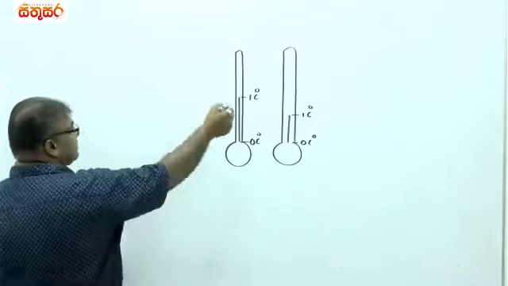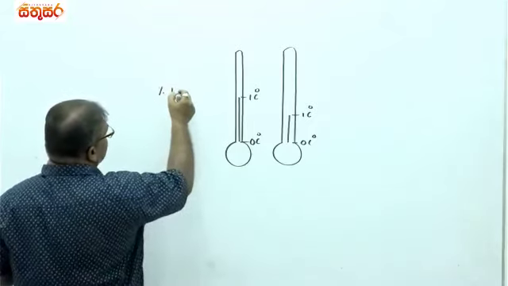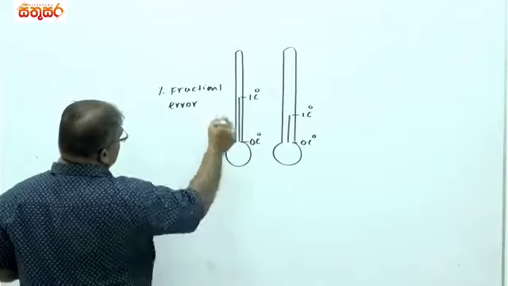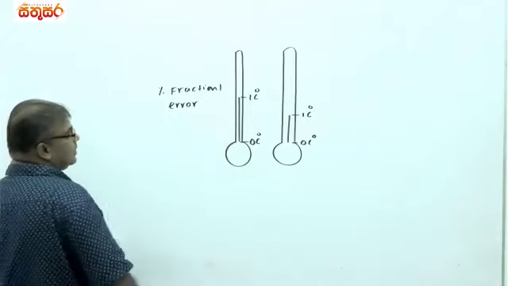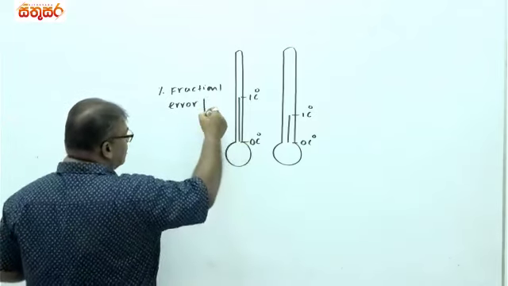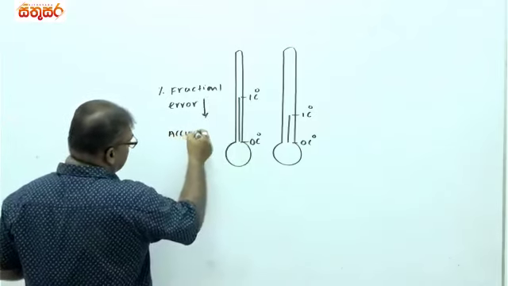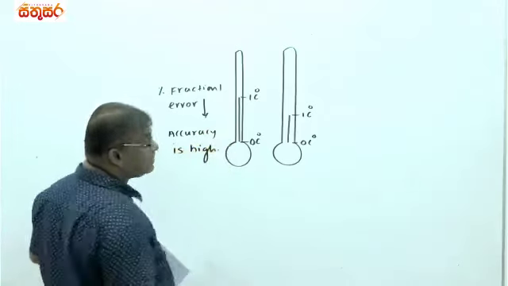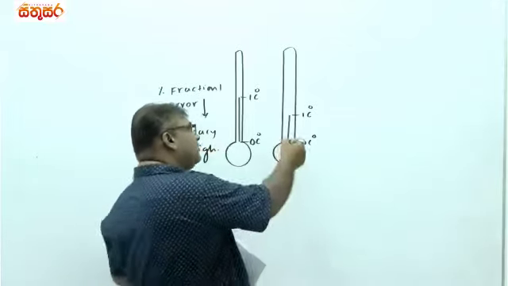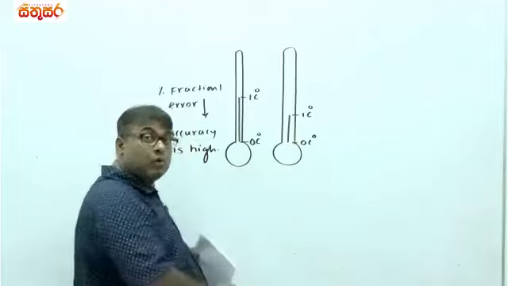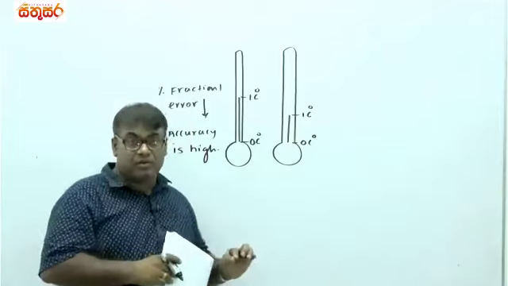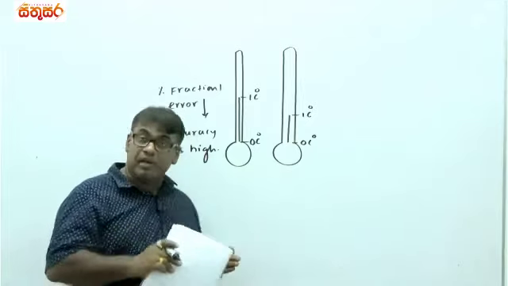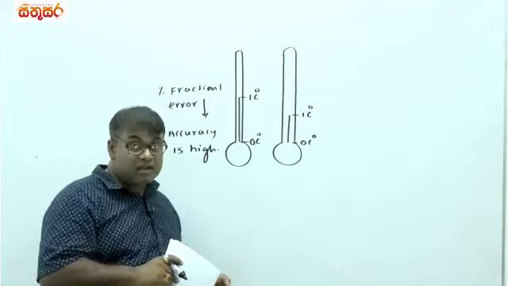If the percentage fractional error is low, accuracy is high. If the percentage fractional error is high, accuracy is low. This is reading accuracy, not the accuracy of the thermometer. Sensitivity, accuracy of thermometer, and accuracy of reading of the thermometer are three completely different factors, right?